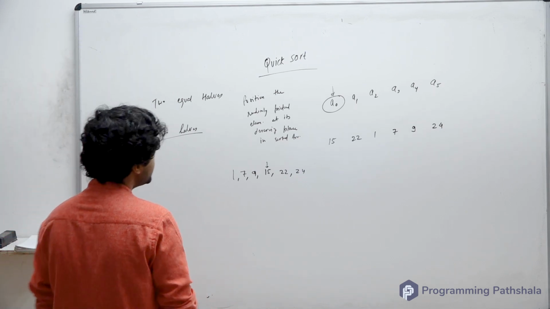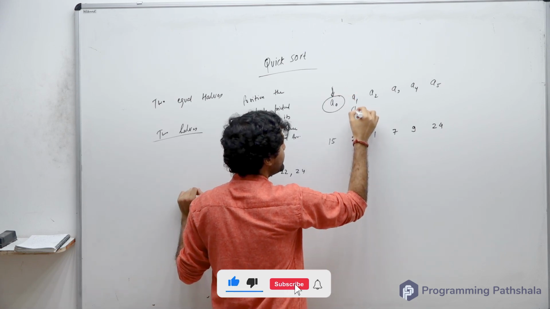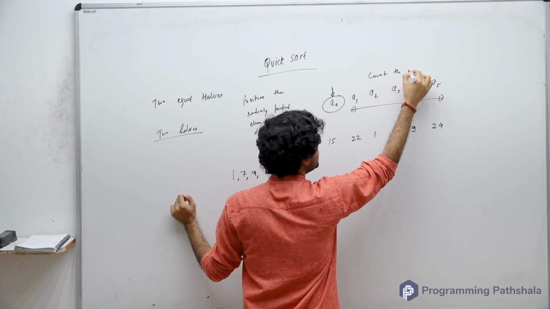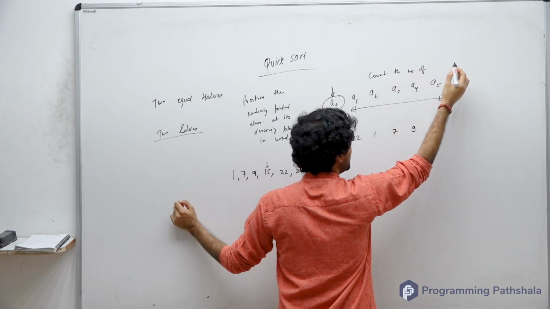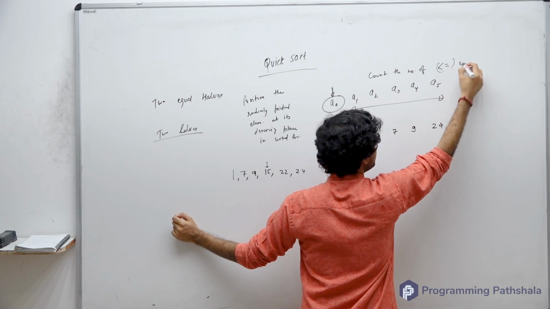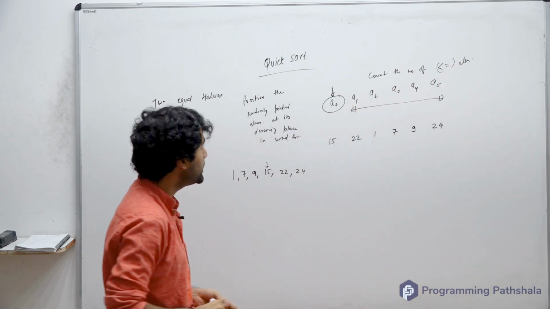So what I can do is, let's say this is my randomly picked element. Out of everything from here to here, I'll count the number of elements smaller than or equal to me.